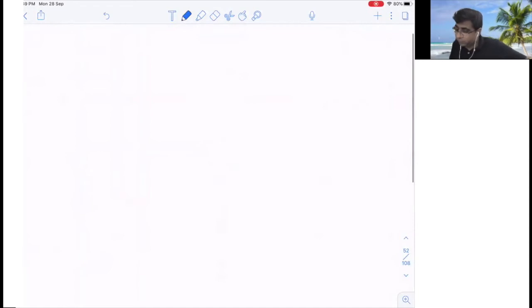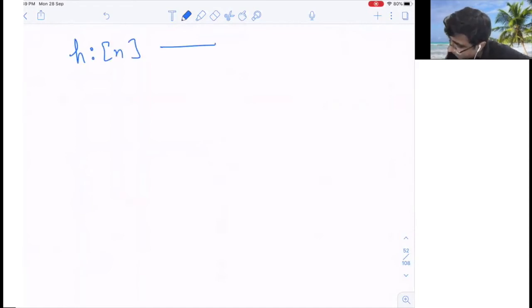Before we go, let me tell you, suppose I have a hash function into n, and suppose it is uniform over its range.